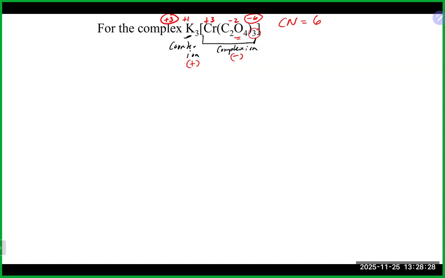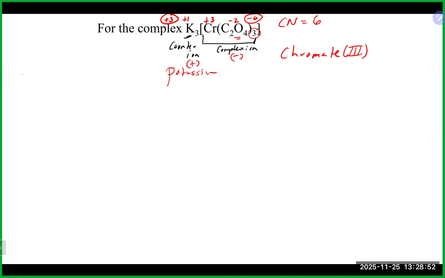A couple things we do know: our potassium is all we're going to call that first part. Because our complex ion is negatively charged, instead of chromium in this case, we would use chromate, M-A-T-E, and it would have a Roman numeral of 3.